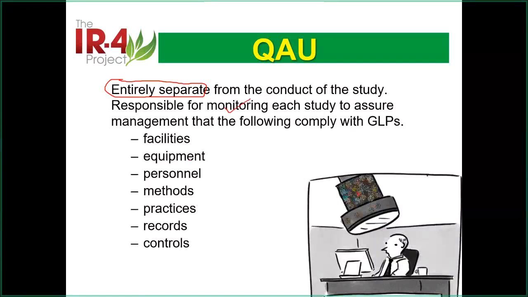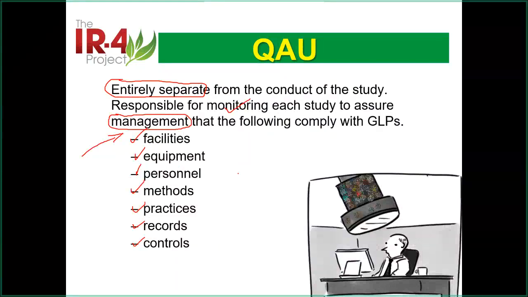QA can monitor the facility, equipment, personnel, training, your analytical methods, your practice, your records, and all those related controls. The only thing QA needs to do is report to the management. QA does not have to talk to you. Of course, he will, but the most important thing is to send the QA report to the management, to the big boss, to the sponsor, to the study directors, to make sure this is in compliance.